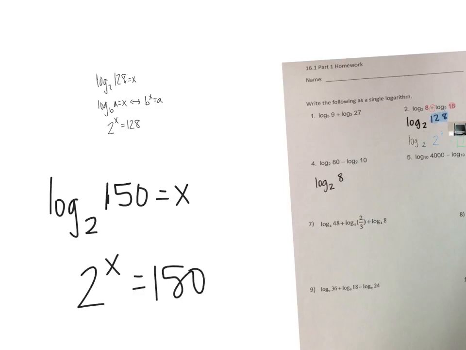Is that possible? It's not going to be a nice number. So what would you do to figure that out? Yeah, you know that if 2 to the 7th is 128 and 2 to the 8th is 256, then x is going to be somewhere between 7 and 8.